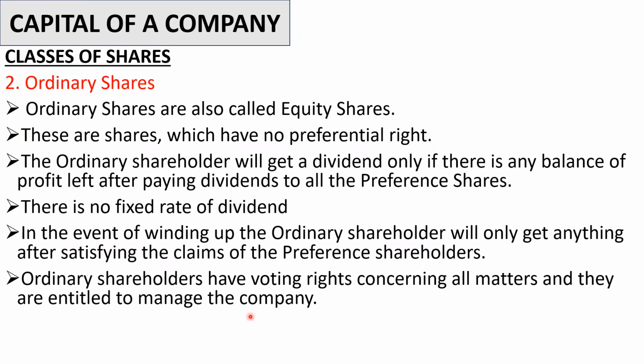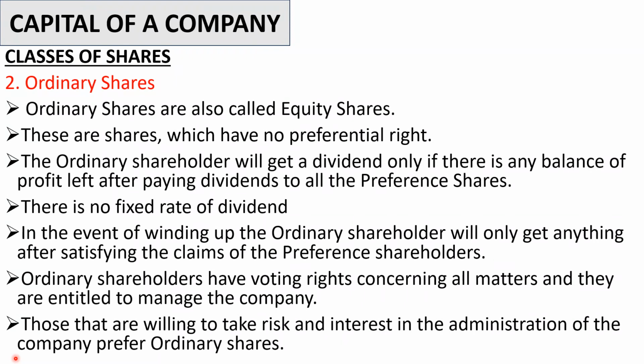In case the company fails, it means they have failed. But preference shareholders just wait for the company to perform. Those that are willing to take risk and interest in the administration of the company prefer to be ordinary shareholders. So if you feel like you can manage this company, it's better to become an ordinary shareholder, not a preference shareholder.